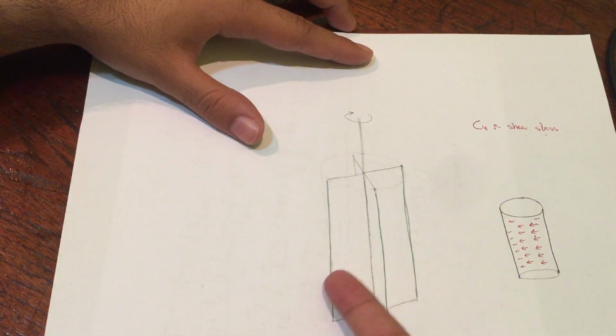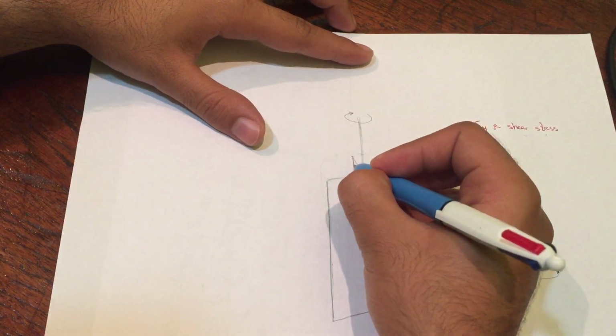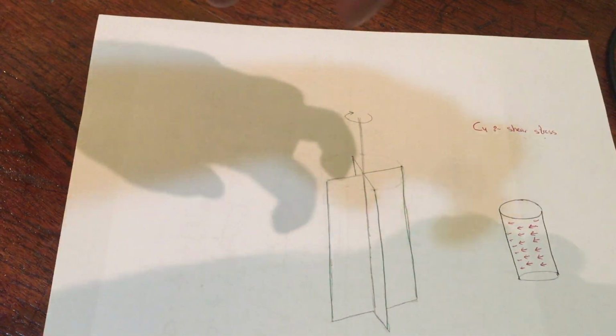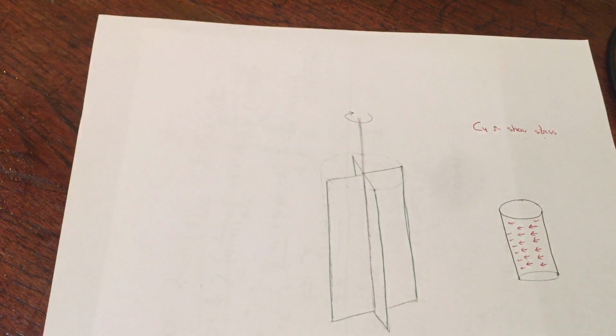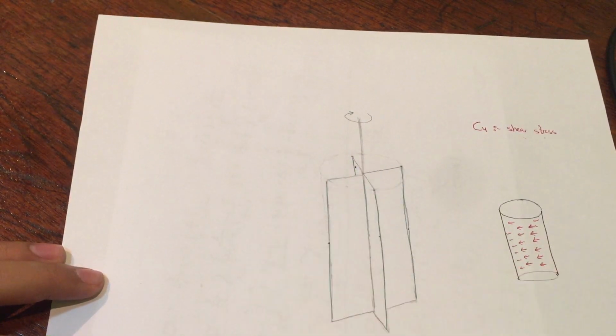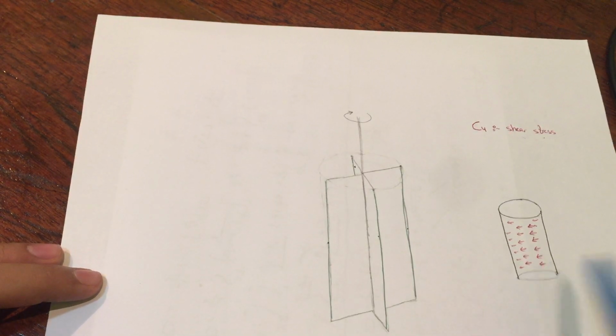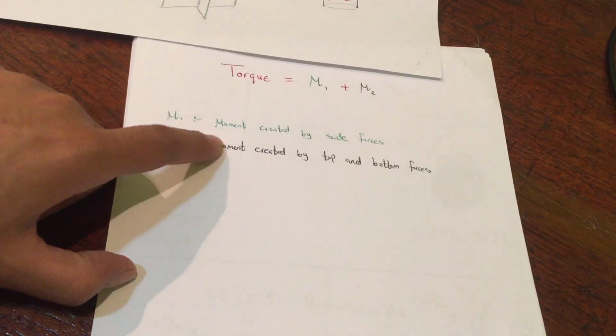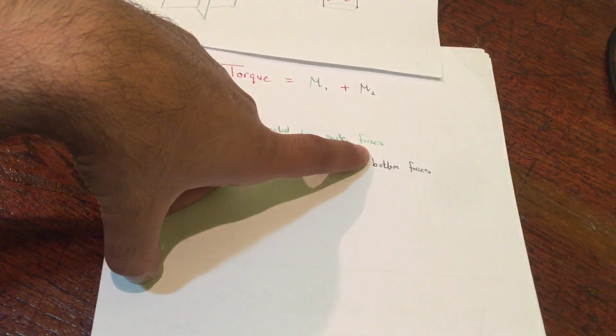So these are basically the four sides. By rotating this vane, these four sides are shaping a cylinder in this way. So the first moment is the moment created by the side forces.